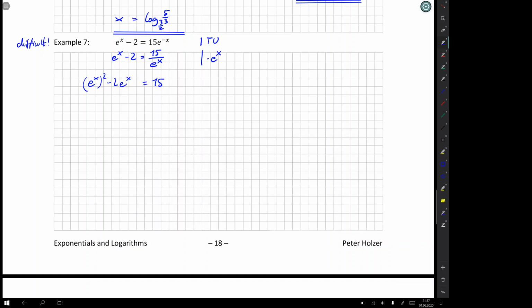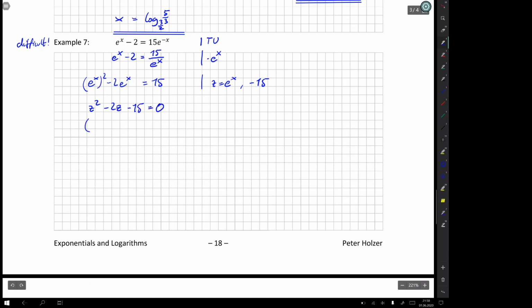And here now the idea is we make a replacement. We replace the e to the power of x by a z, and we subtract 15. So what we get on the left hand side is z squared minus 2z minus 15 equals 0.